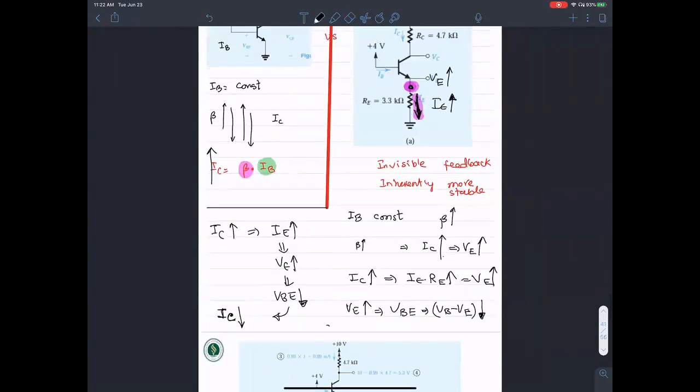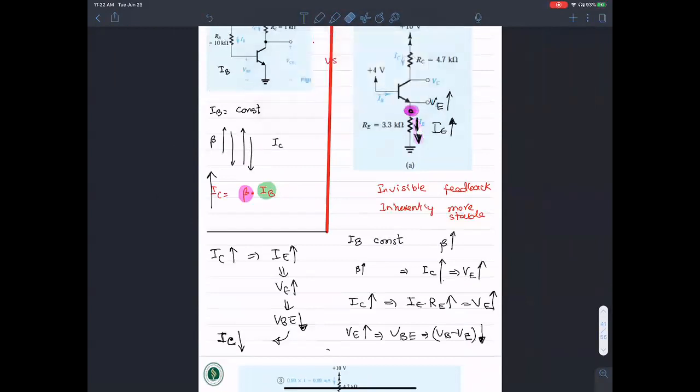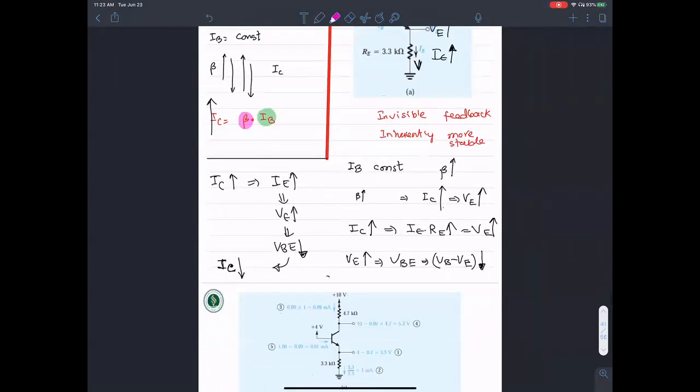So just by adding a resistance here in the emitter, any increase in IC because of a wild change in beta, which varies all over the place, that's the big crappy variable, right? Because of an increase in beta, IC increases and it kickstarts a chain of events that eventually reduce IC.